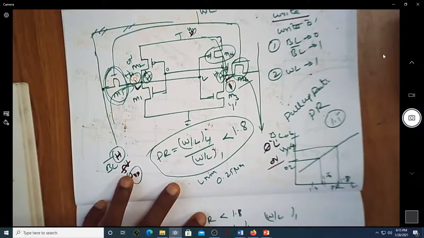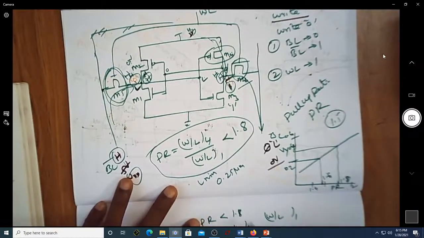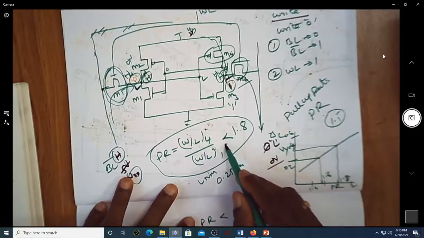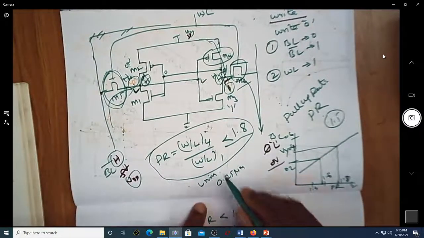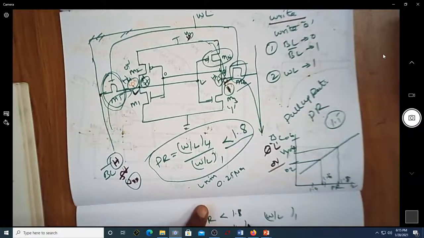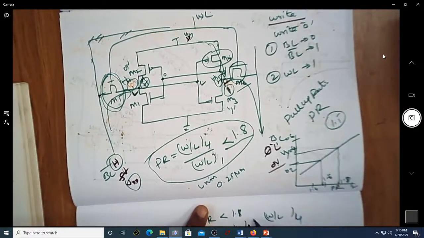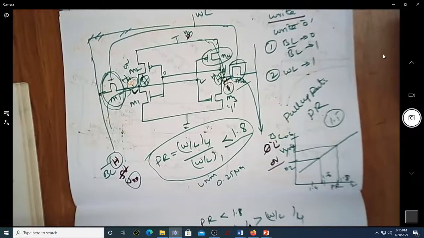So this always ensures that W by L of 4 should be always lesser in value. Naturally the dimension of 1 should be greater than the dimension of the 4 transistor.